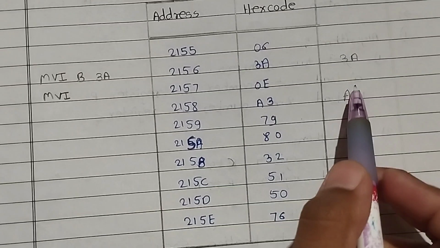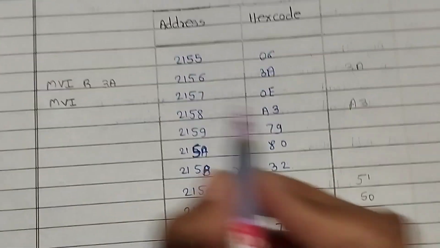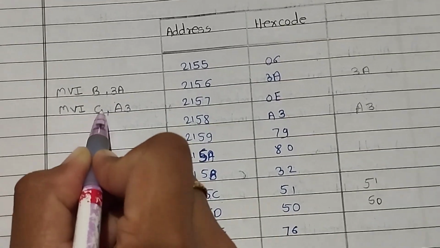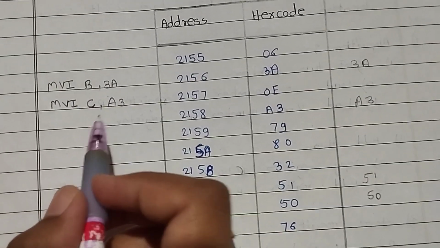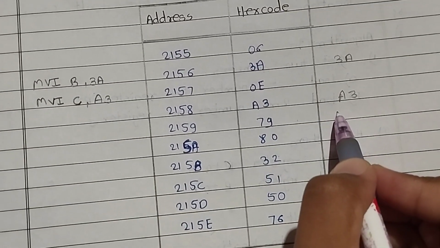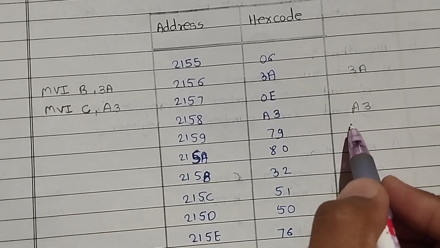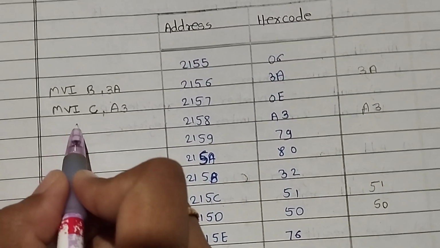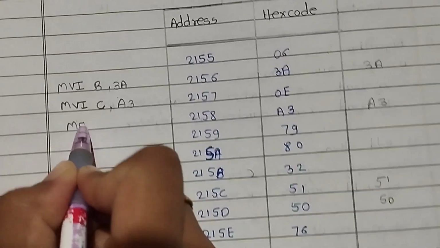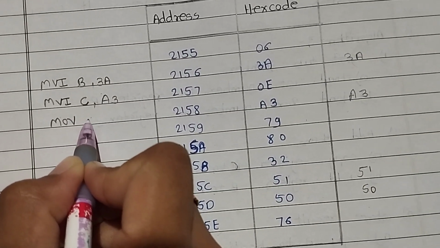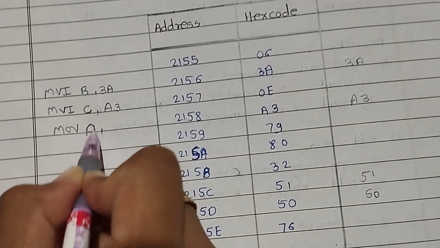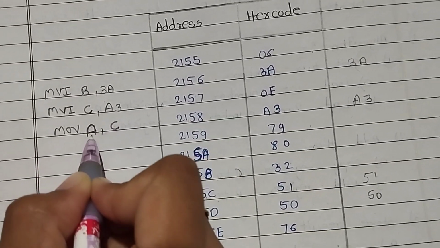So the second 8-bit data given here is A3, and this A3 moves to the C register. Now the 79 opcode is used for moving register data to the accumulator. Any register we can use to move into the accumulator. So move, suppose C into A.